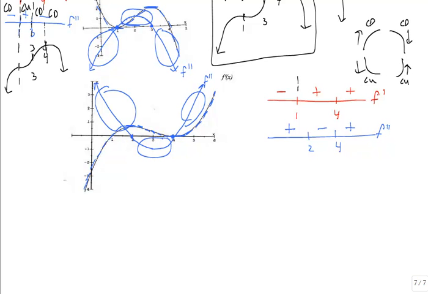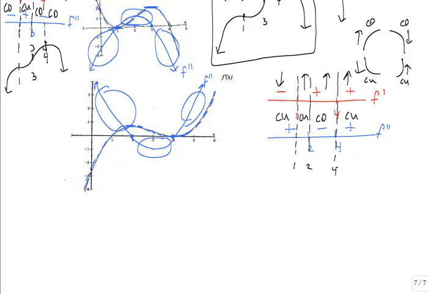Okay, so I'm going to have 1, 2, and 4. This is down. These are both up, and this is up, and this is concave up until I hit 2, then I'm concave down, and then I'm back to concave up again.